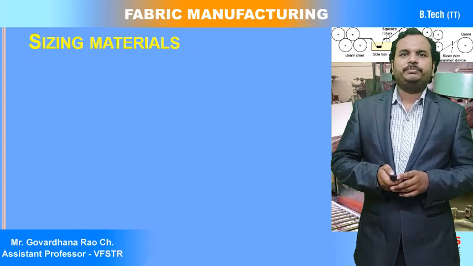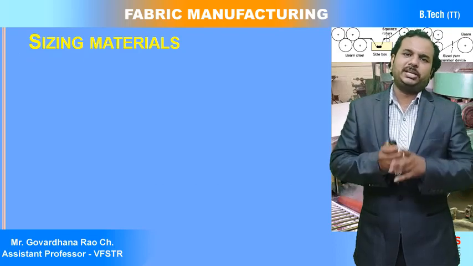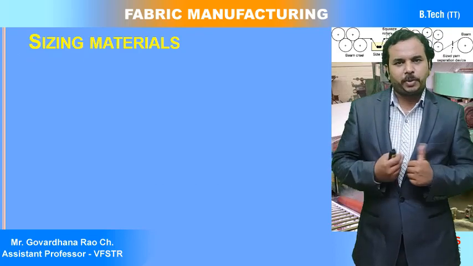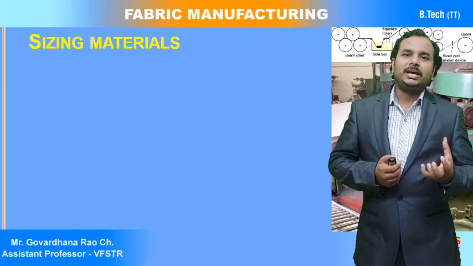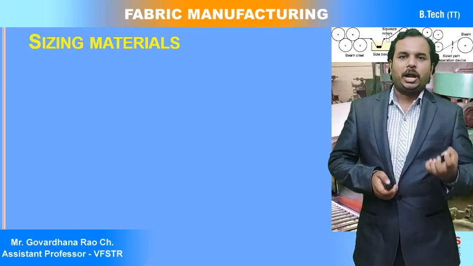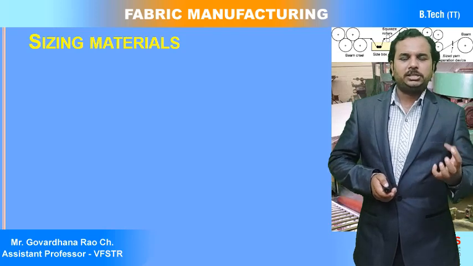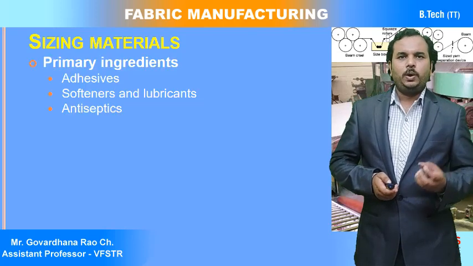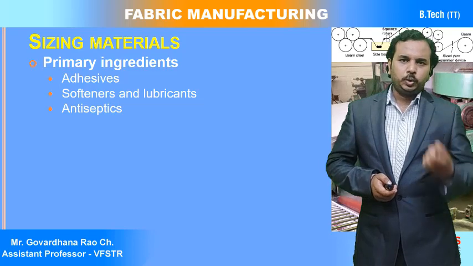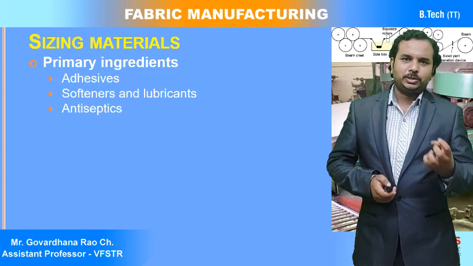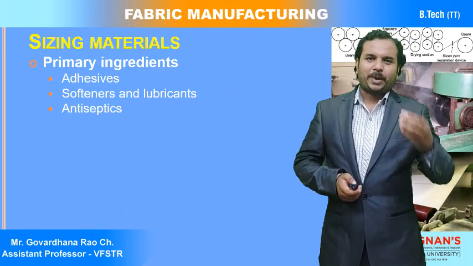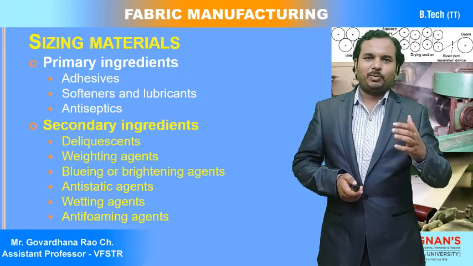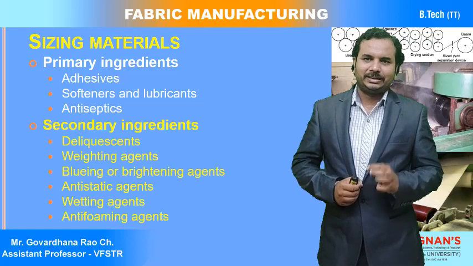Then what are the sizing materials we have? To prepare the size paste, we require some materials. How are these sizing materials classified? Basically we have two classifications of size ingredients: primary ingredients and secondary ingredients.